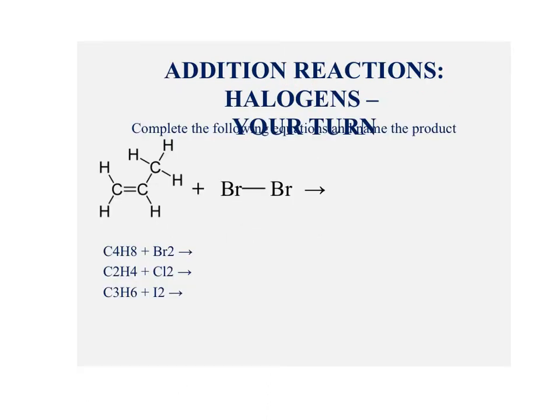So now we're going to take a look at some more addition reactions of alkenes with halogens. I'm going to do the first one for you, and then I'd like you to have a go at writing these out.